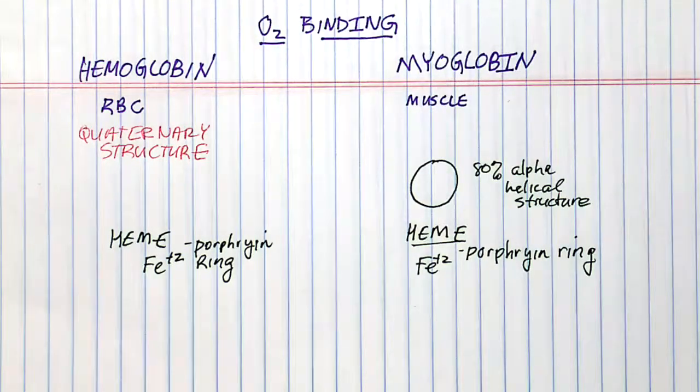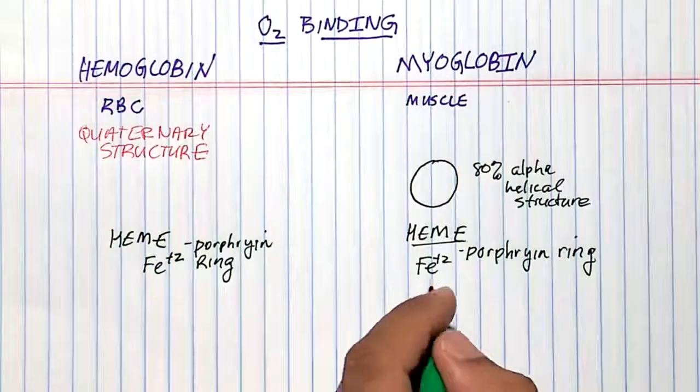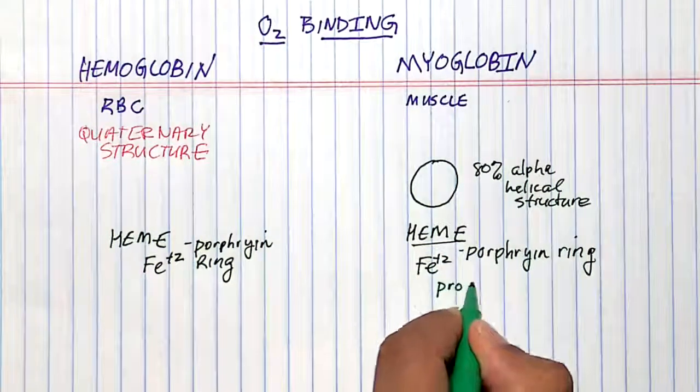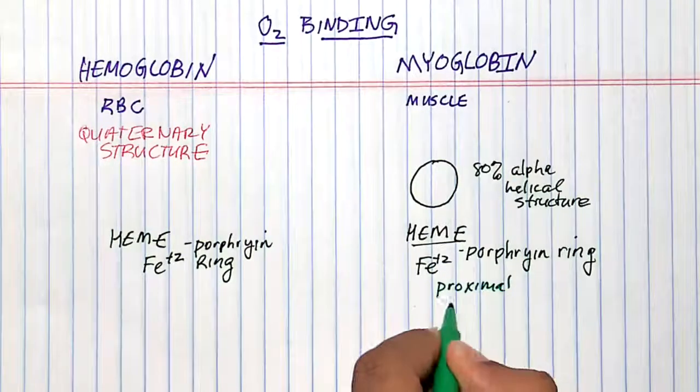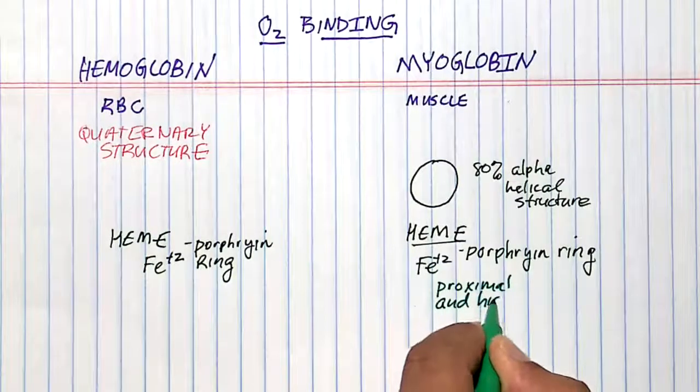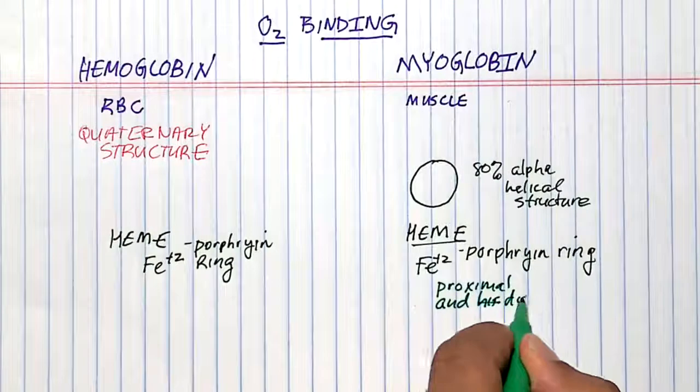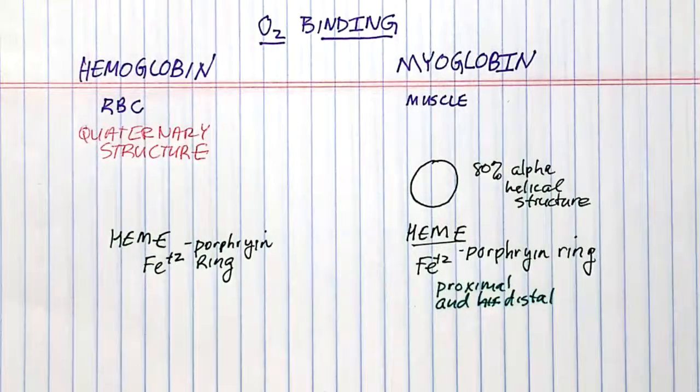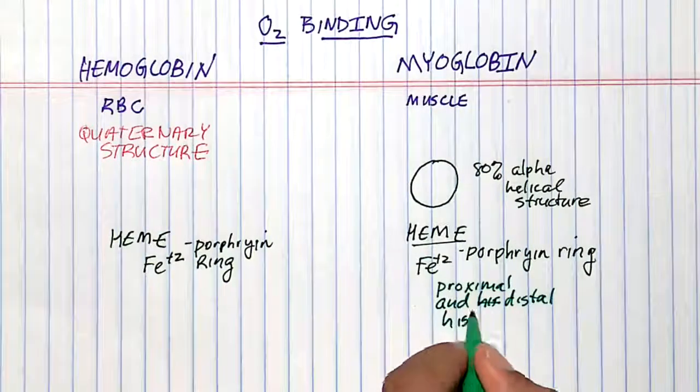Some amino acids play a very critical role in making sure the oxygen stays bound to or coordinated to the iron. The proximal histidine, the distal histidine, very conserved amino acid sequences. Besides many others, not just histidine, but histidine sort of anchors that in place.